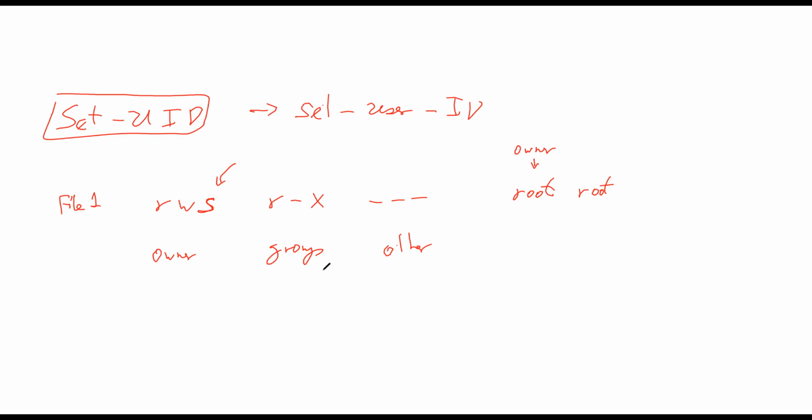These are called privileged programs. And when we have privileged programs, they become targets for people who are trying to exploit them.